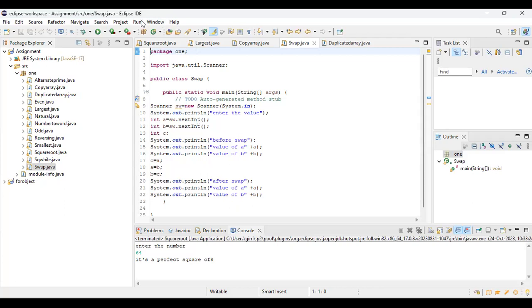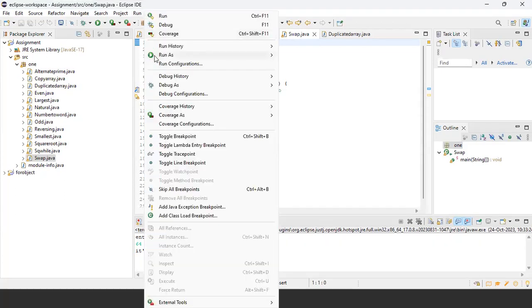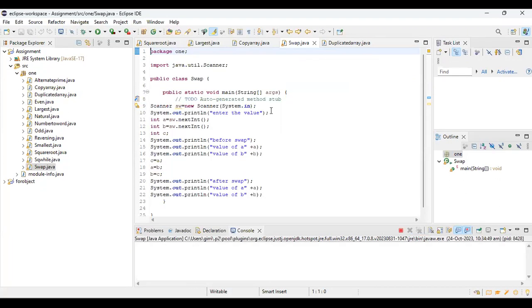So entering the value, now I'm giving the value of A as 45, and then B as 36.